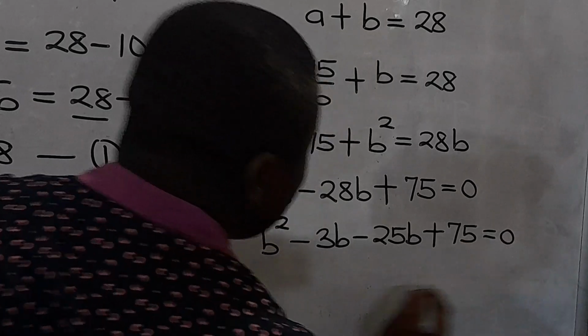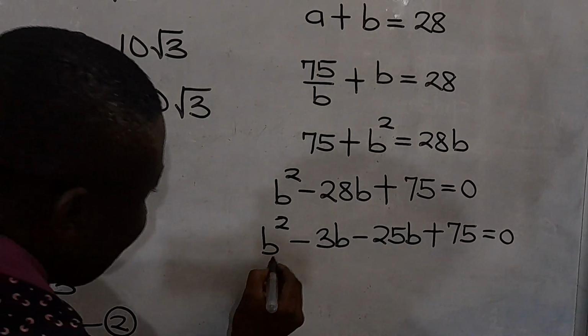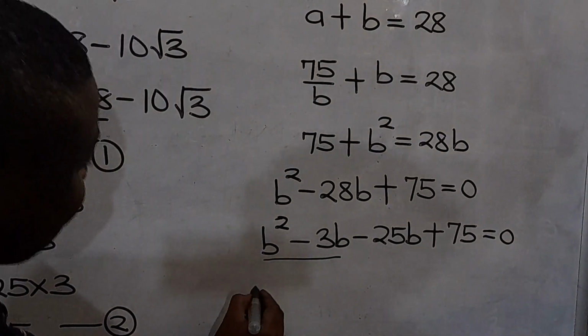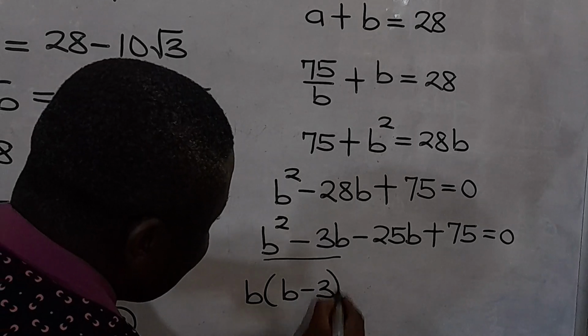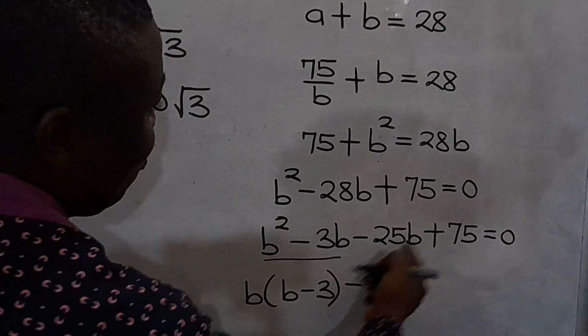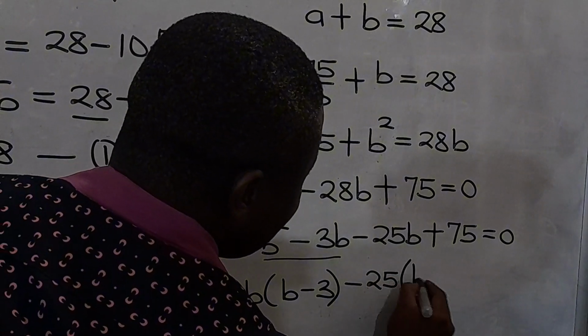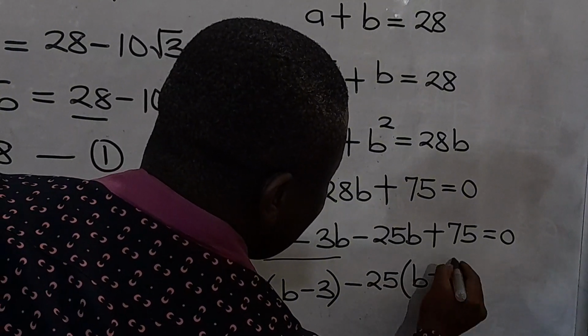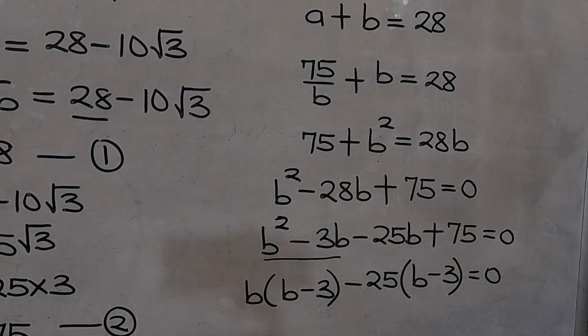I've just split the middle part into 2. So I will factorize. The HCF of this is b. You have b minus 3, and here what is common is 25, and you have b minus 3 equal to 0.